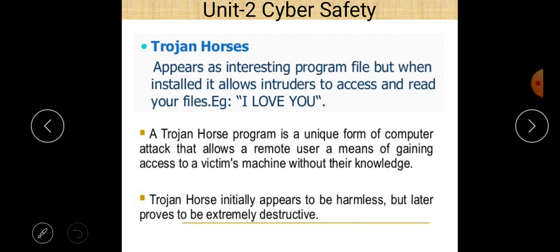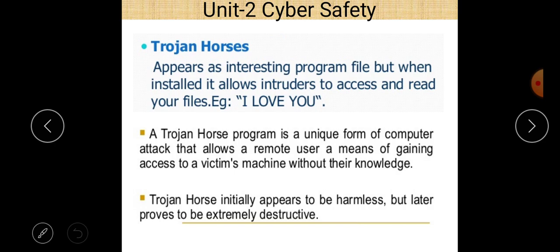The second point regarding the Trojan horse is that a Trojan horse program is unique from other computer attacks, as it allows a remote user a means of gaining access to a victim's machine without their knowledge. That is the most important thing. Basically, it is a type of computer attack, and it is a type of malware also.